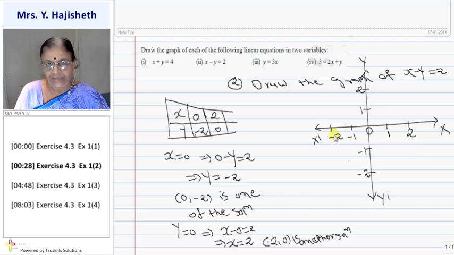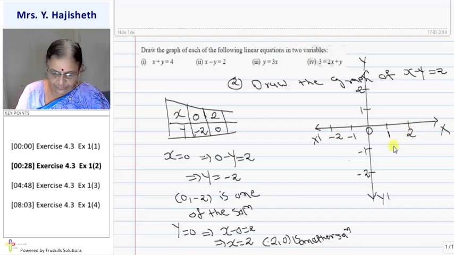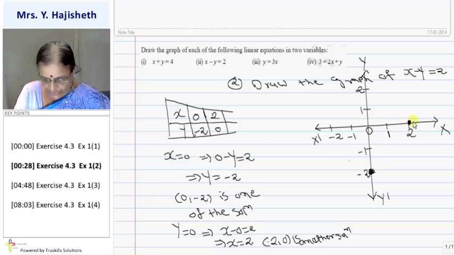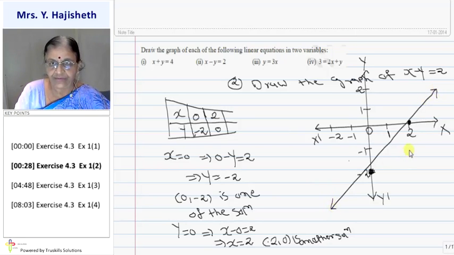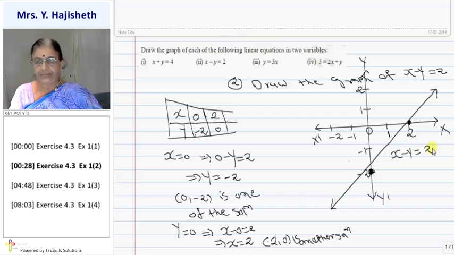Two solutions I represent as 2 points in a plane. 0, minus 2 is a point on y-axis. So this is my 0, minus 2, okay? And another point is 2, 0. So that is this point, okay? Now I join them, right? This is my graph of x minus y is 2. Clear?